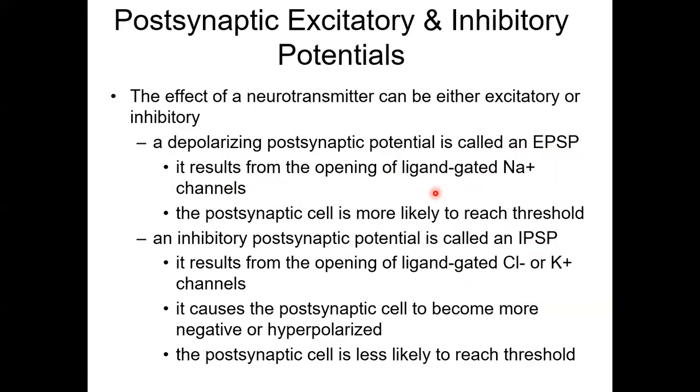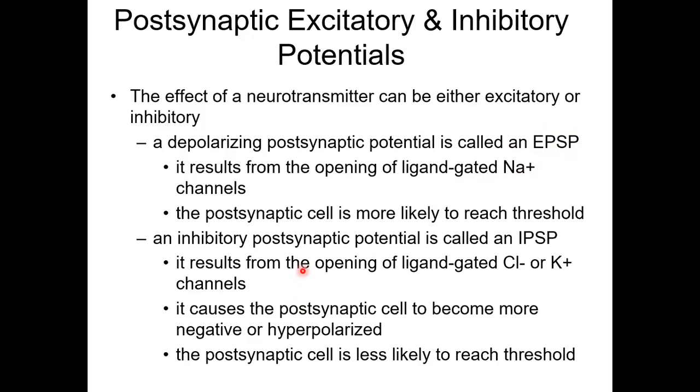To cause excitation in the postsynaptic neuron, all we have to do is open those ligand-gated sodium channels. Sodium ions will rush into the postsynaptic neuron. We have a depolarization event and we have excitation. So this is the mechanism you saw on that static illustration and also on the animation.